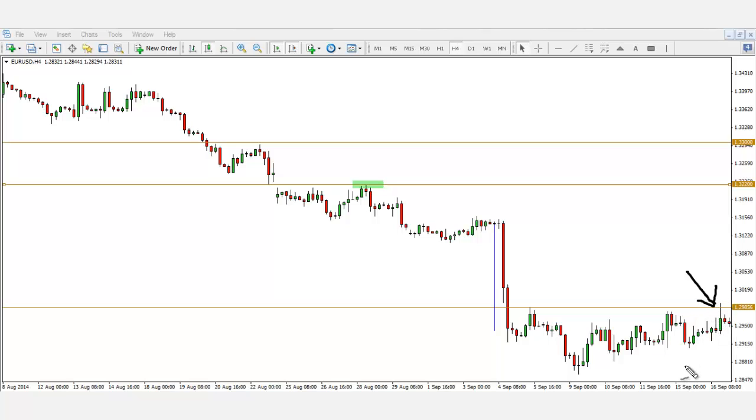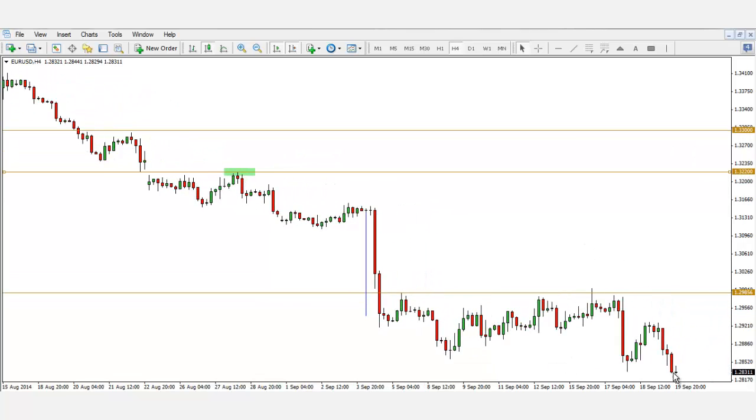Another opportunity for me to get short again to ride the move down. So basically I scaled in, and you can see that right now price has just traded near the low. So let me recap: from the weekly chart, I had my bias on the euro dollar, and I screened down to the 4-hour charts for setups to get short on the euro dollar following my bias.